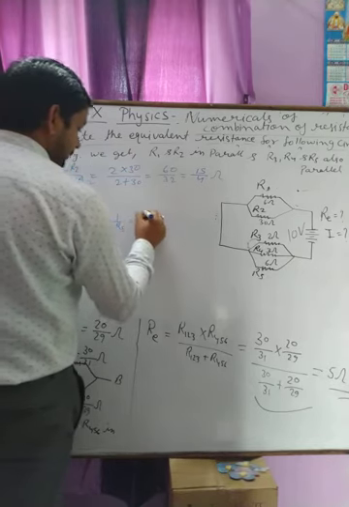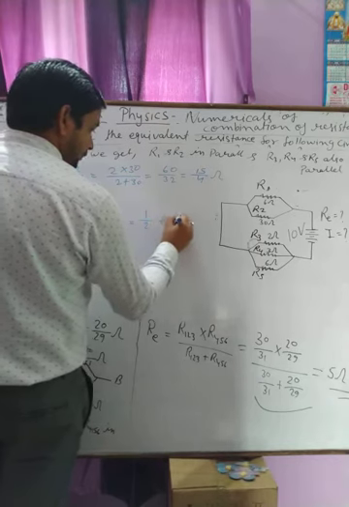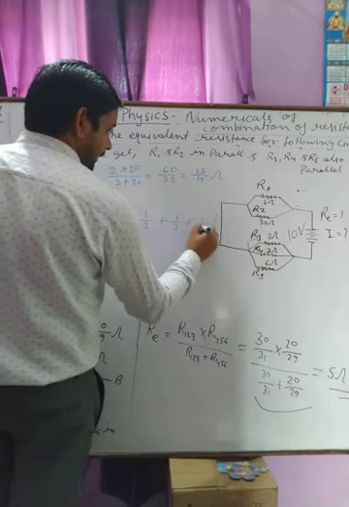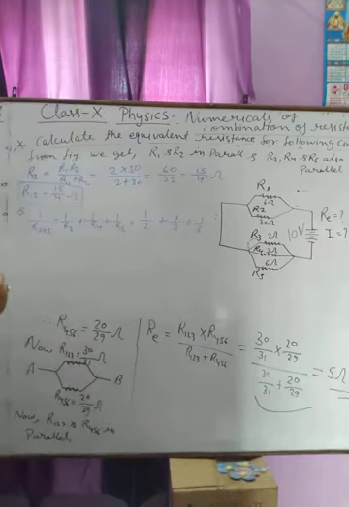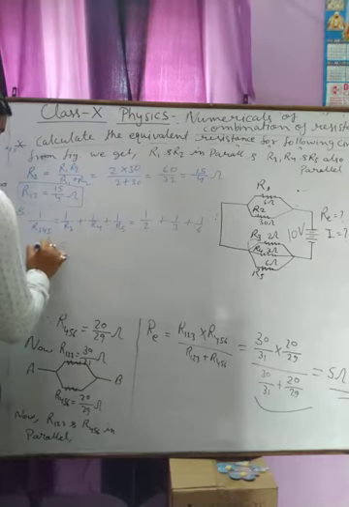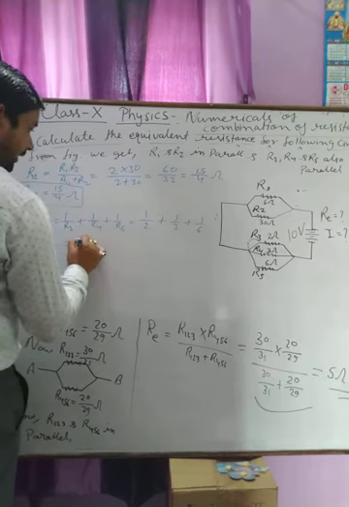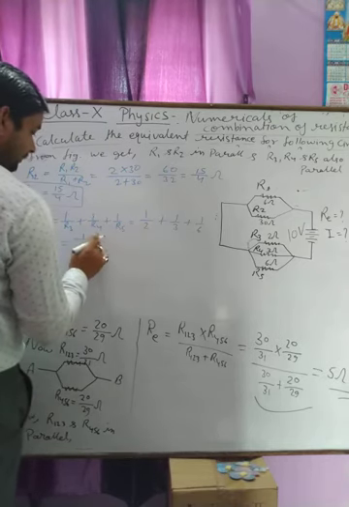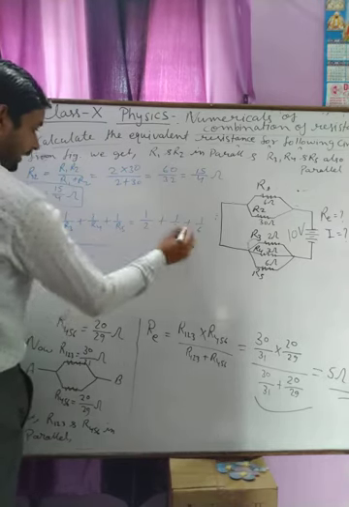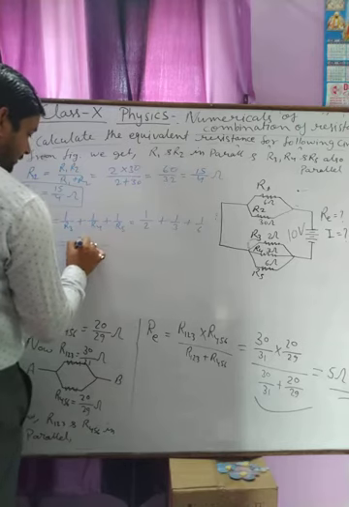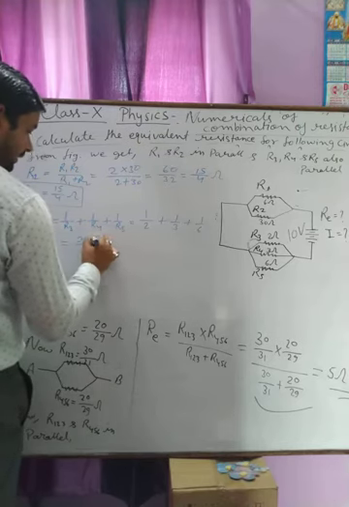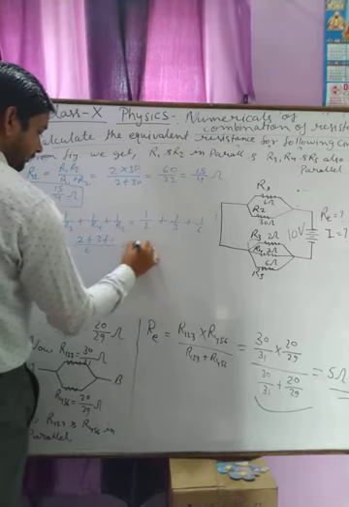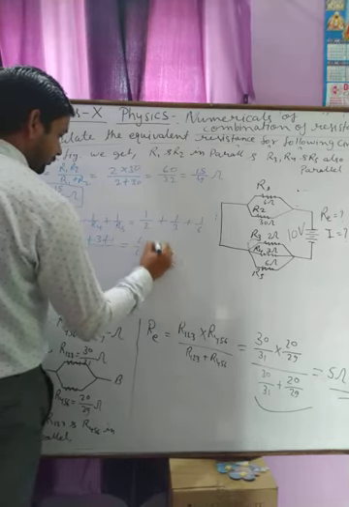On putting the values 2, 3 and 6, by taking LCM 6, 1 upon R345 will become 1 upon, taking LCM as 6, this is 2, this is 3 and 1, it will become 6 by 6 is 1.